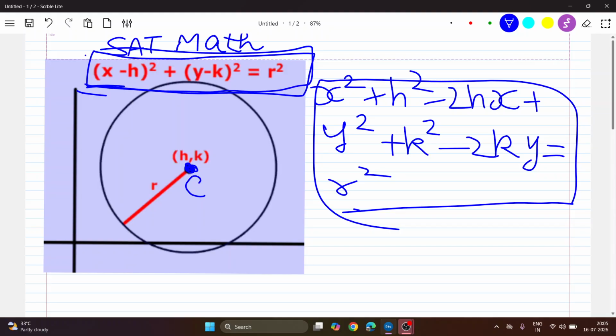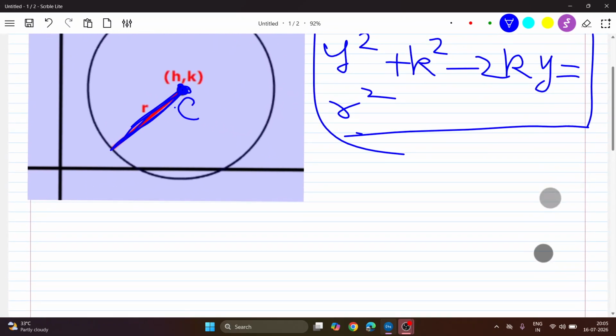Okay. So this is the radius of the circle. Then that's the center, and now you know the equation.